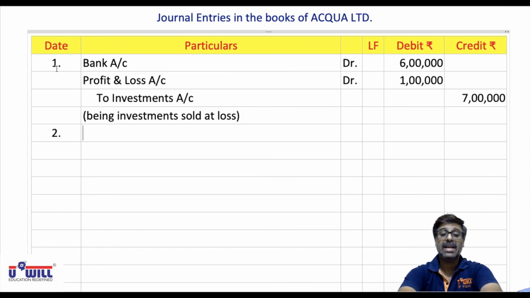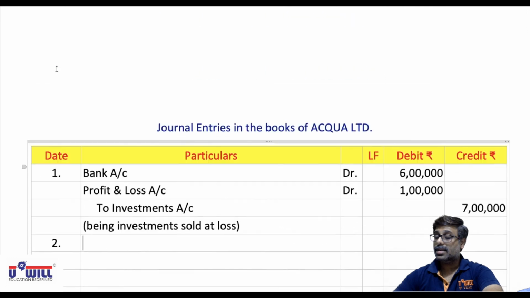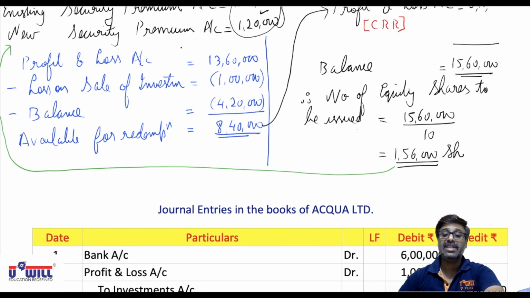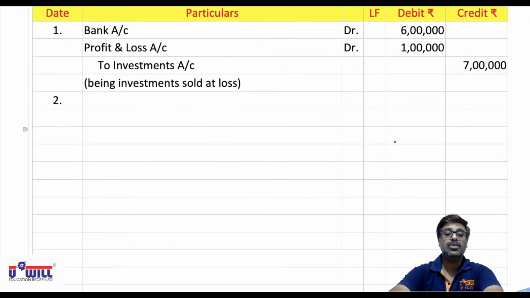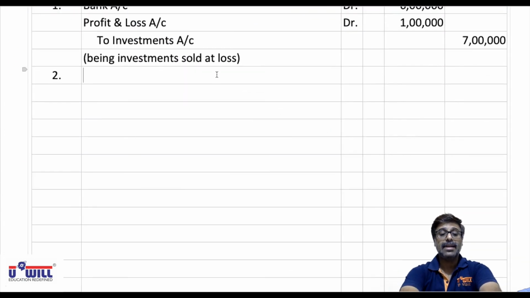Second entry is to be passed for issue of equity shares. We have seen here 1,56,000 equity shares are issued at a premium of 1 rupee. So for that 2 entries will come. First, bank is the receiver, debit the receiver, bank account debit with 1,56,000 into 11. Because of premium of 10%, 1 rupee, we are going to receive 11 rupees.